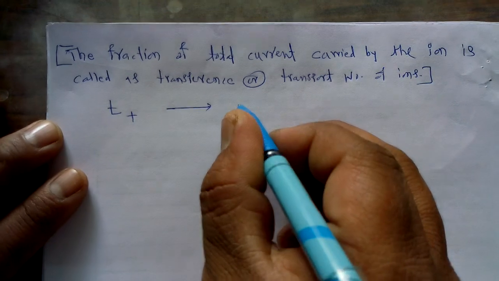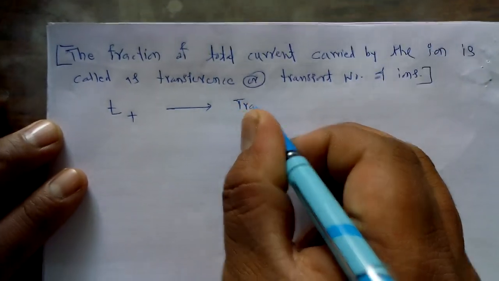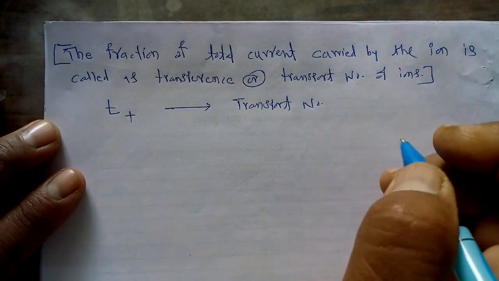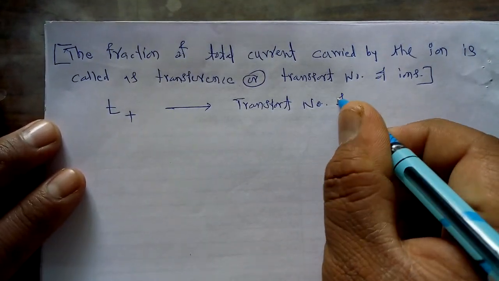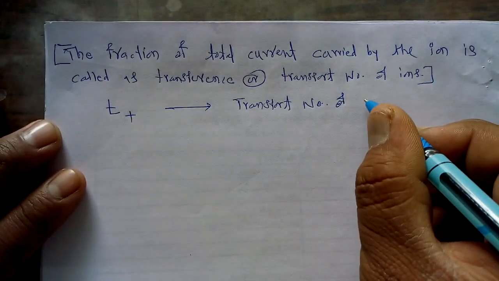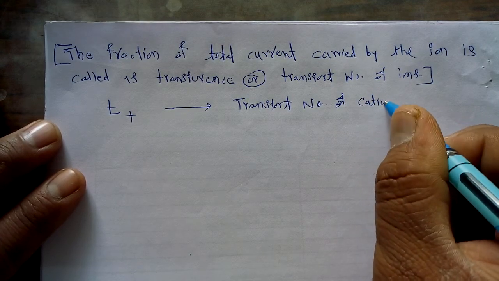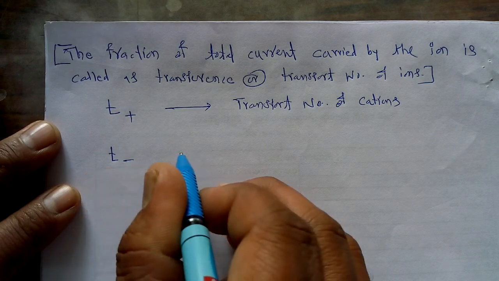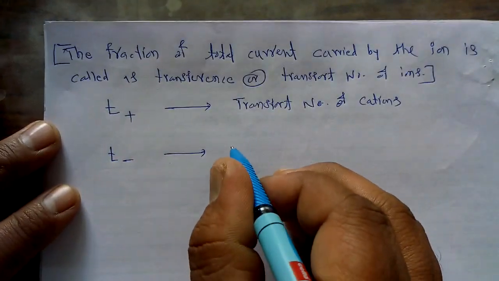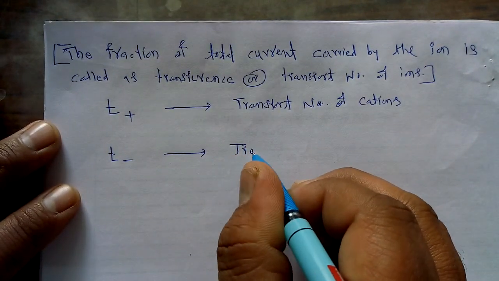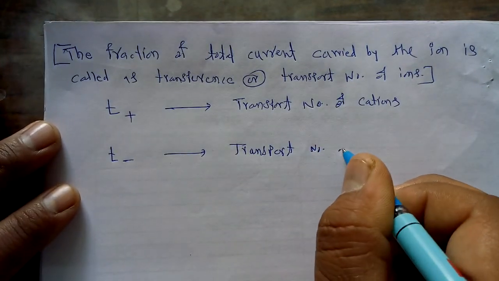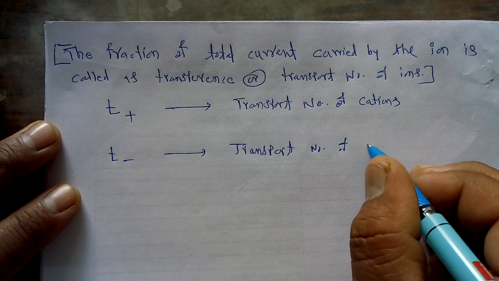It is the transport number of cations. And the second is T minus. This T minus is called the transport number of anions.